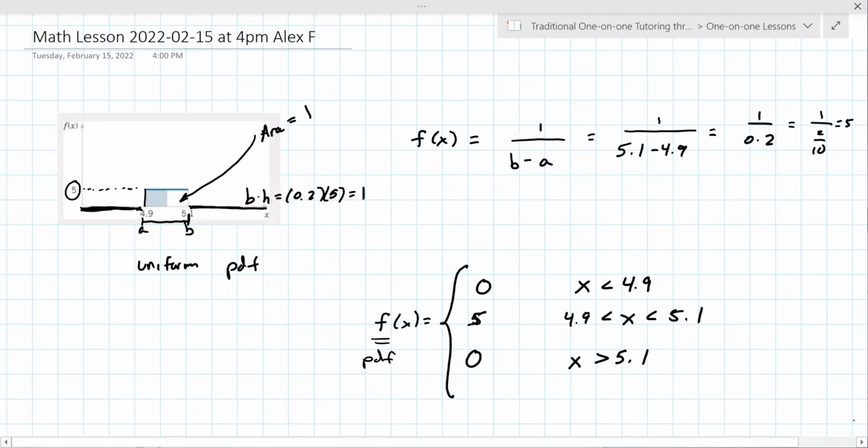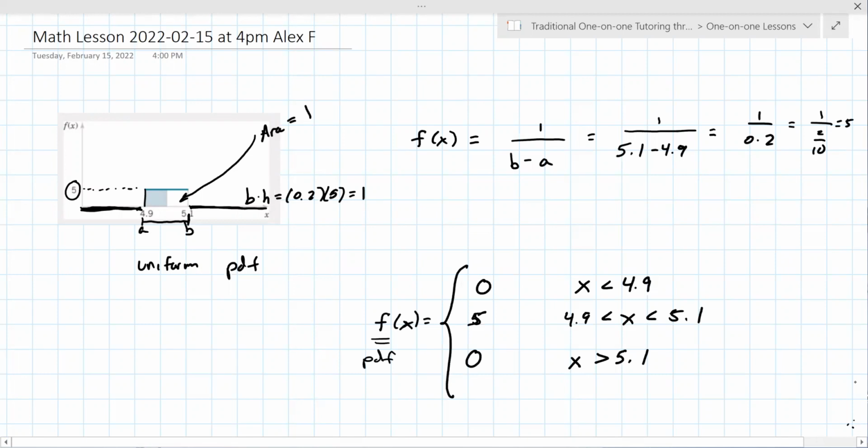Okay, so we have 0, 5, 0, 4. That's the PDF. So my question is, what is that whole thing there called?